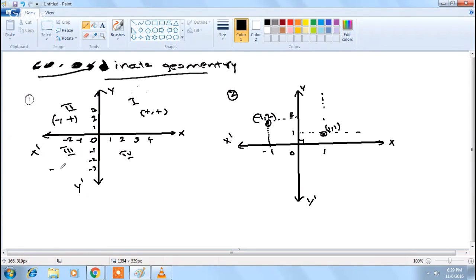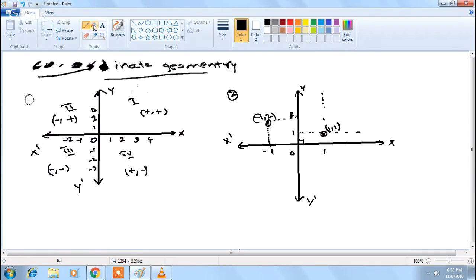And in the third quadrant, they are minus comma minus. Why? Because in the third quadrant, y values are negative and x values are also negative. And in the fourth quadrant, x values are positive and y values are negative, right?